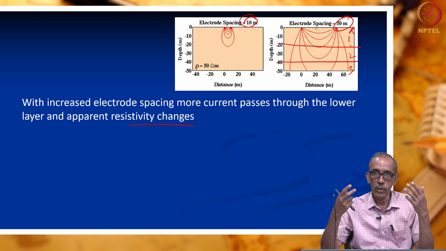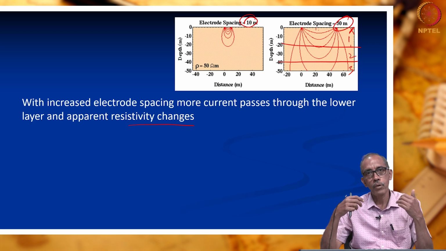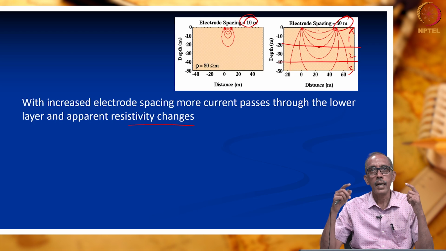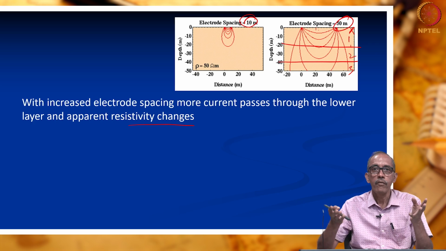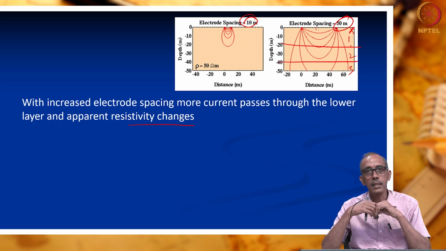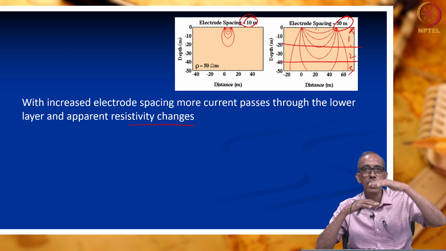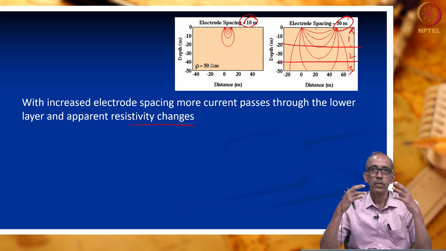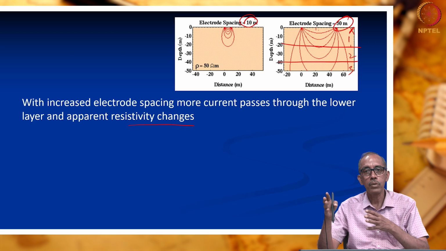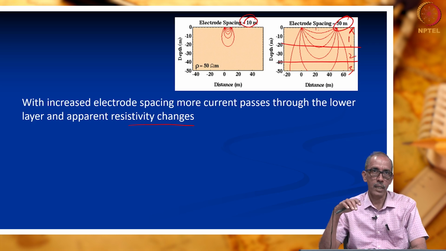So, the apparent resistivity which we have got is almost equivalent to the true resistivity. Whereas in this case now electrode spacing is 50 meters, due to which current is passing through the first layer, then into the second, then into the third. So, what we are going to measure is the combined effect of all the 3 layers. So, the apparent resistivity which we measure cannot be equivalent to the true resistivity of the formation.